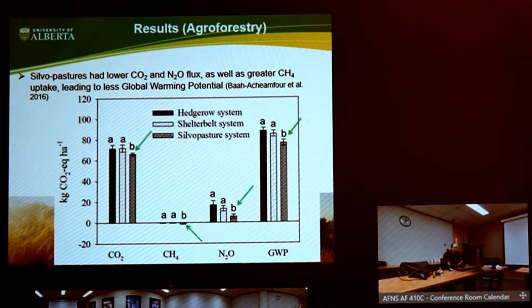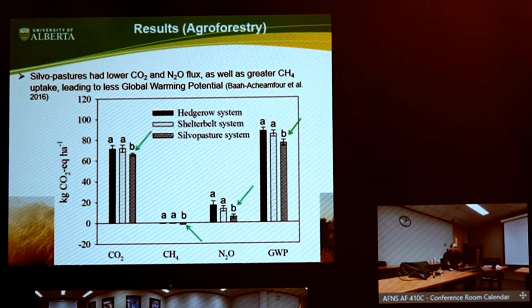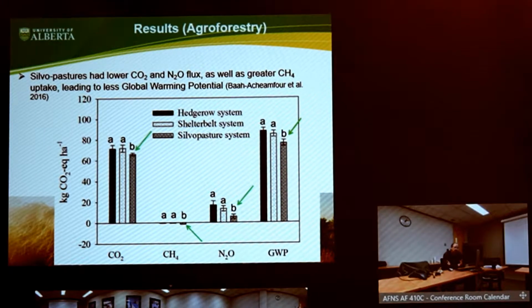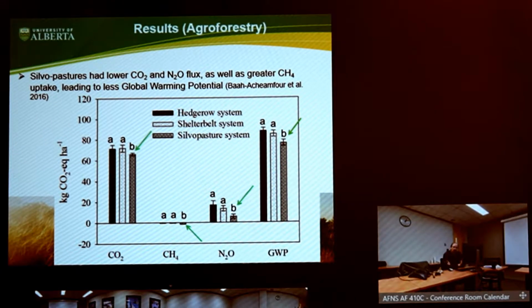And overall, that leads to the lowest global warming potential. So that really highlights the importance of these perennial systems, both forested but also grassland, in really reducing our greenhouse gas footprint.